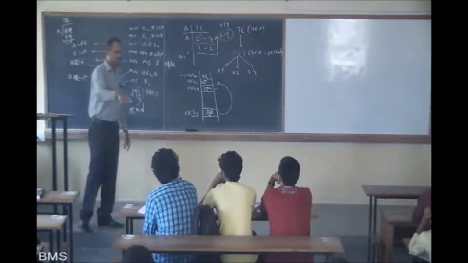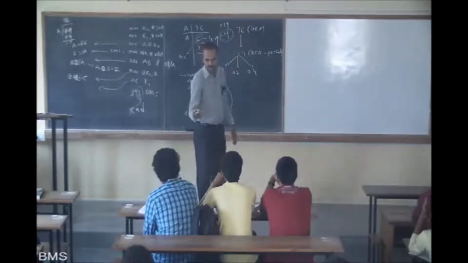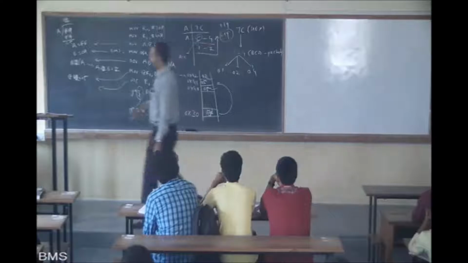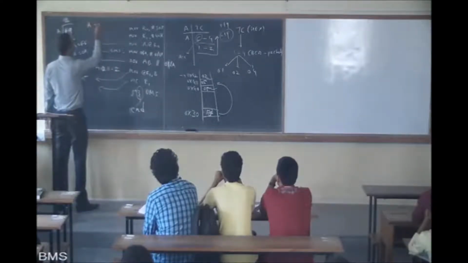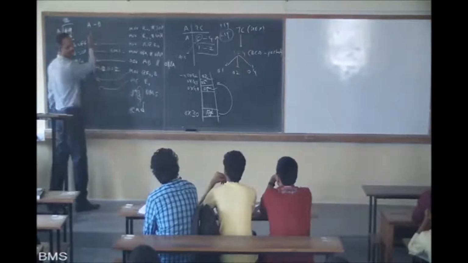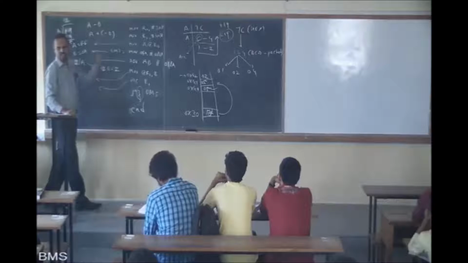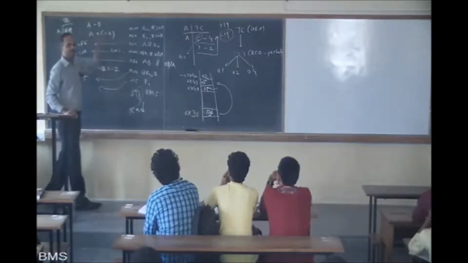In all this, we have discussed subtraction. Subtraction was with 2's complement numbers. What is subtraction? A minus B is what? A plus of minus B. Correct? Addition of this. This minus B is represented in 2's complement form.